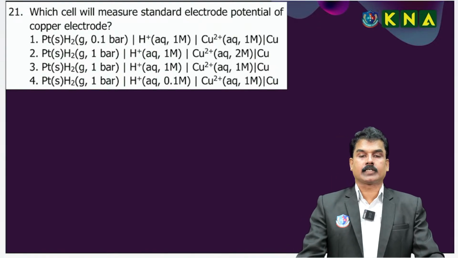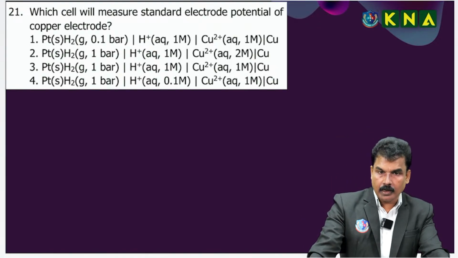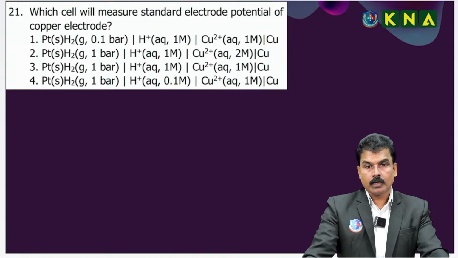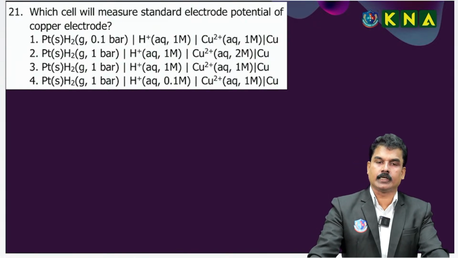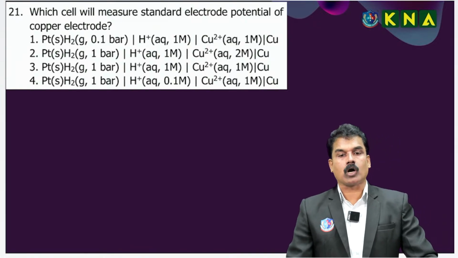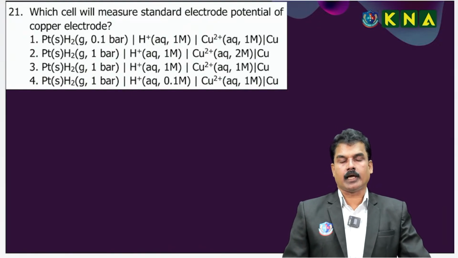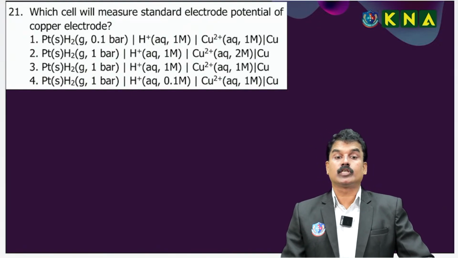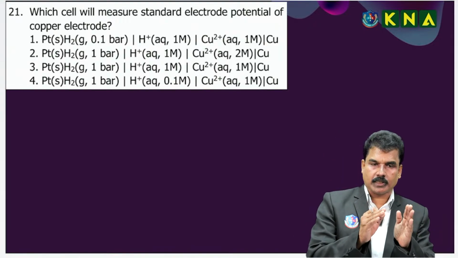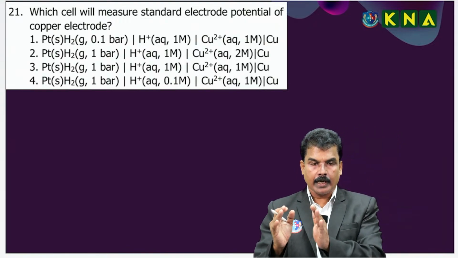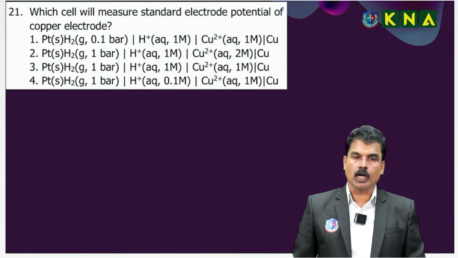How are you getting that reduction potential value? When a metal we are connecting with a SHE, standard hydrogen electrode, SHE at a constant potential, it gives a standard value of 0 volt. So any half cell, when you are connecting with the SHE, you will be getting standard electrode potential.